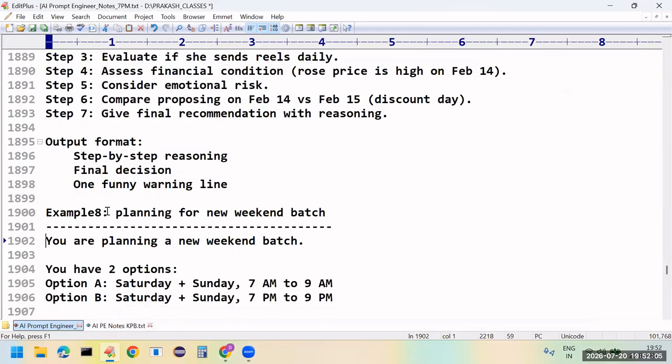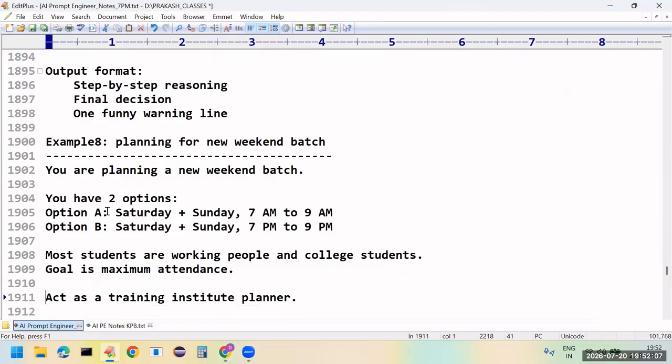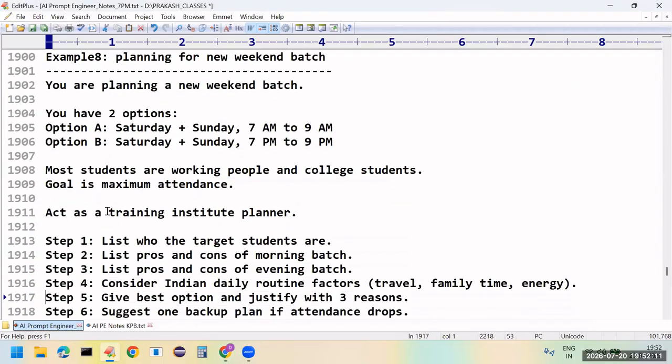Next, example number 8. Observe carefully. I am planning a new weekend batch. This prompt was also executed for weekend batches. You have two options.